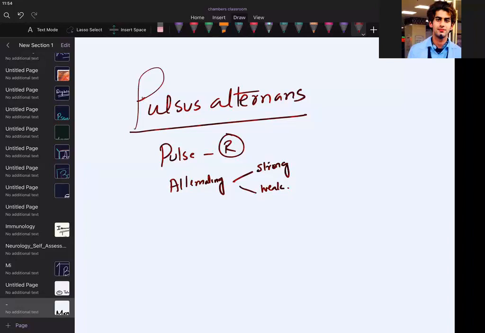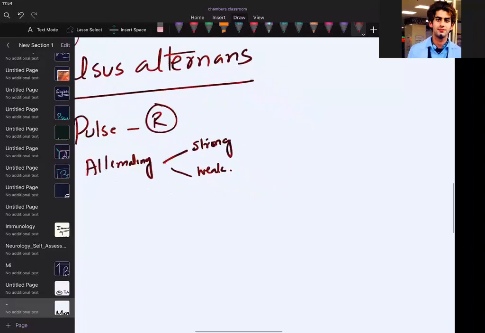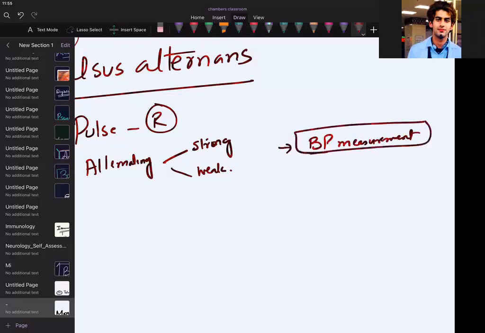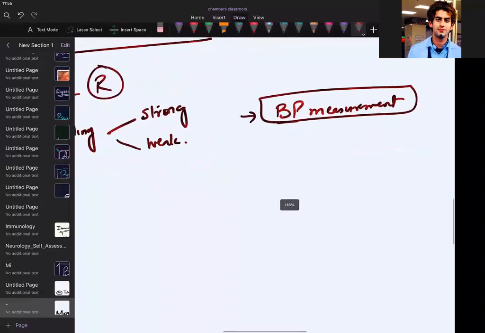So you can confirm it during the BP measurement. See what will happen between the two alternate beats on the sphygmomanometer, the BP machine.